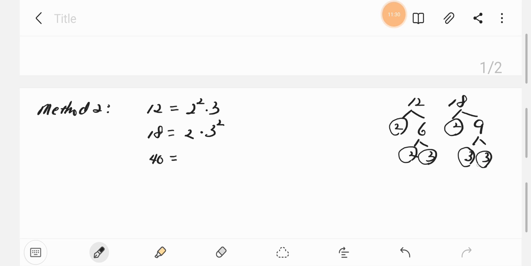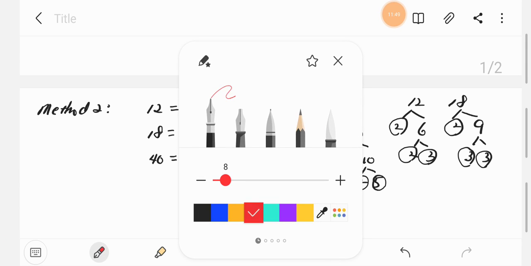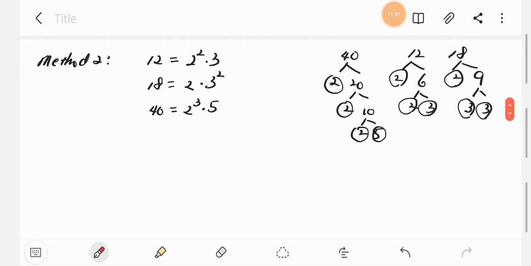These are all prime numbers, right? How about 40? 40 is 2 times 20, 20 is 2 times 10, 10 is 2 times 5. So 40 is a product of these four numbers: 2 cubed times 5. Then from this, we circle the factor that has the highest power.